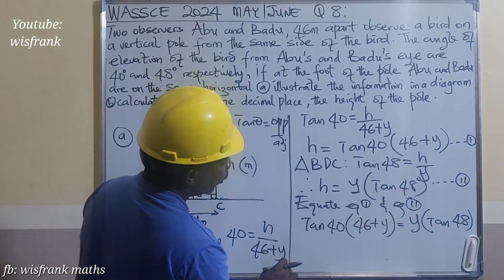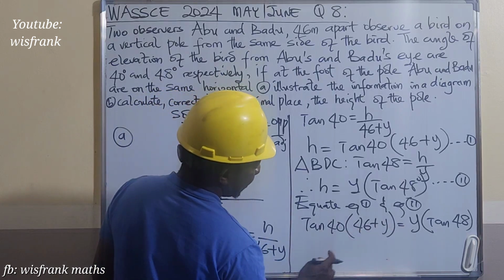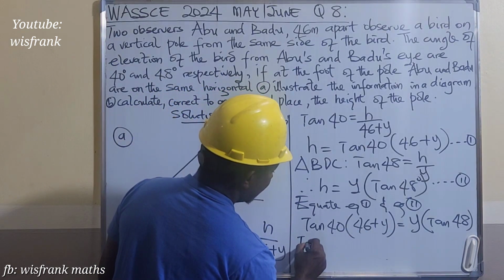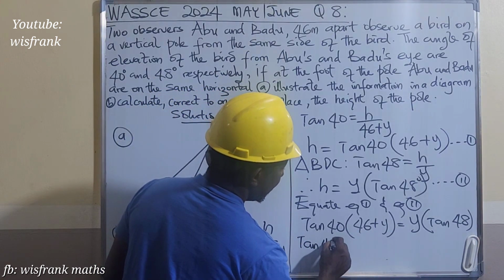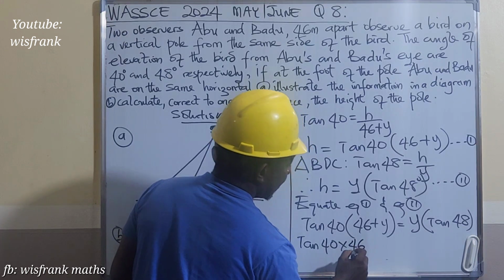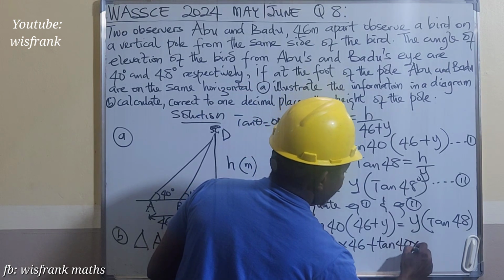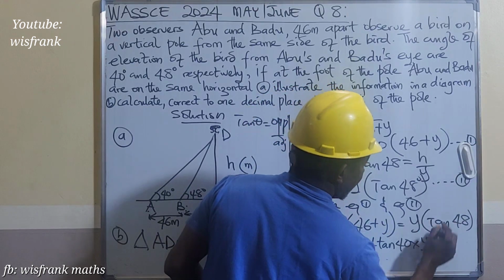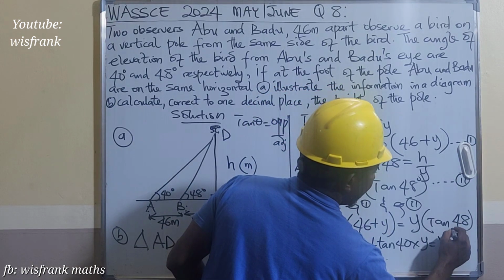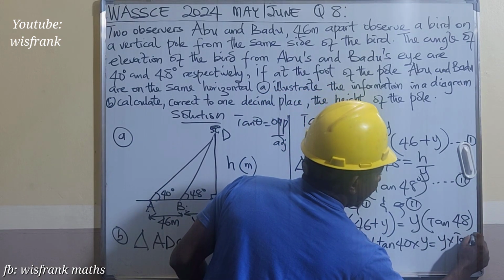So the next step for us to do is to expand the left hand side. So we have tan 40 times 46 plus tan 40 times y, equals y times tan 48.